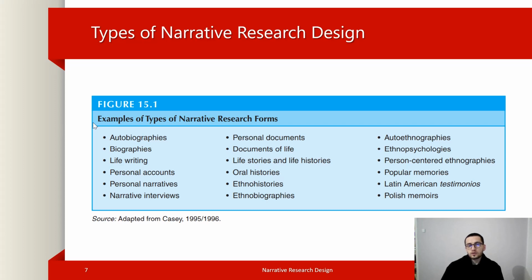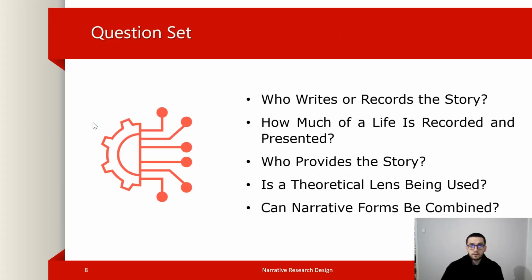So how should we detect types of narrative research design? For that question, we can use these five questions. The first one starts with who writes or records the story.